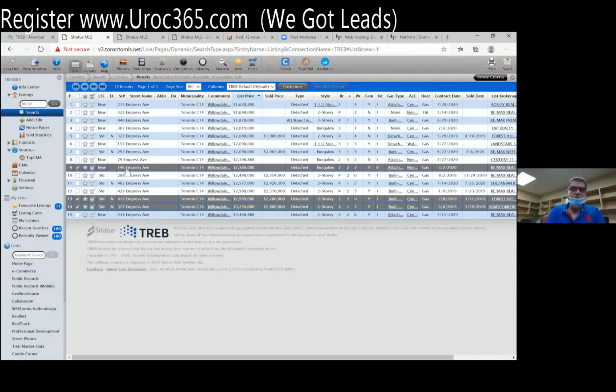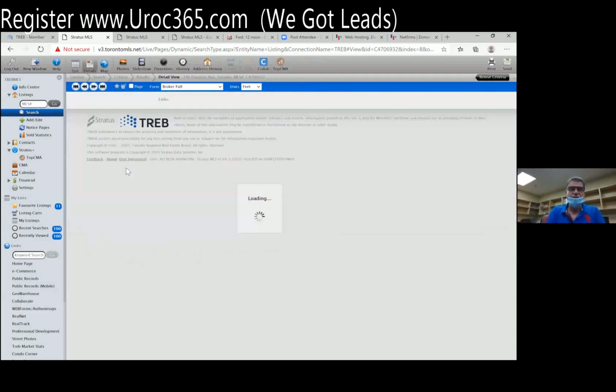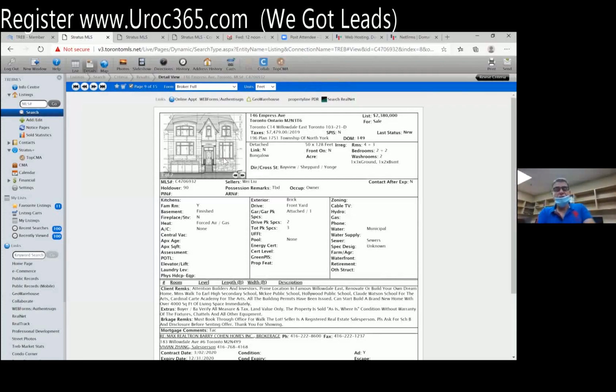First of all, I click on 146. This property, as you see, is sold, but it was almost land value, and the architectural plan of this property is also in the photos.